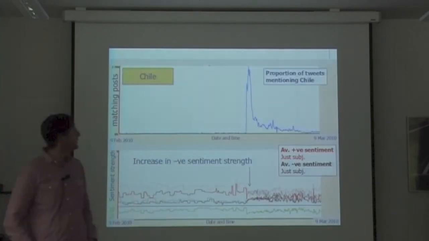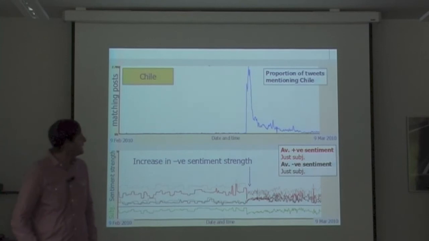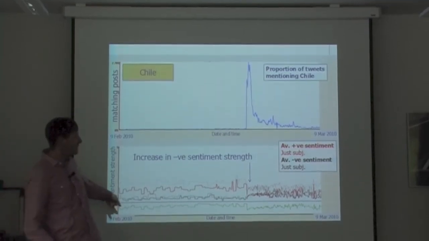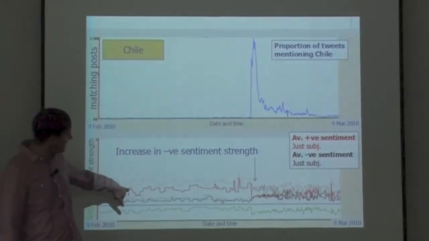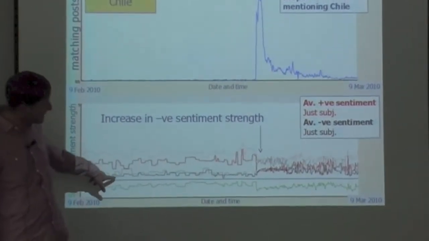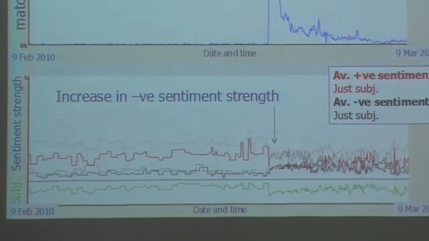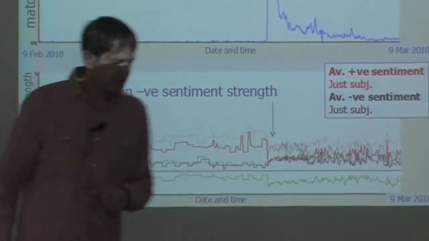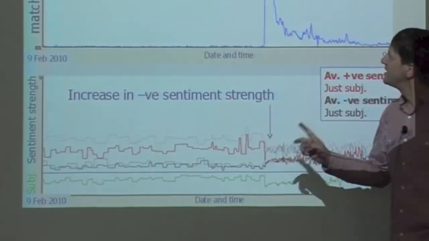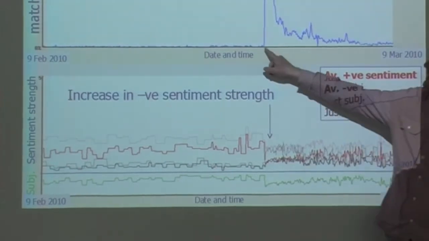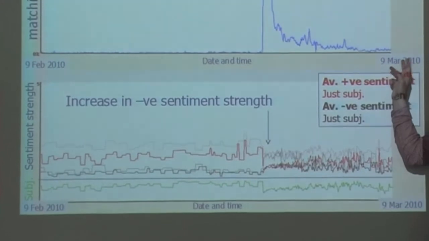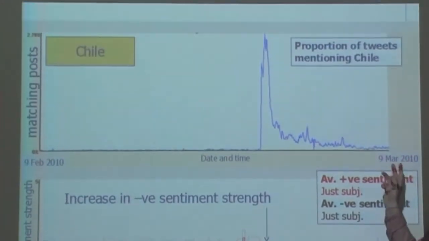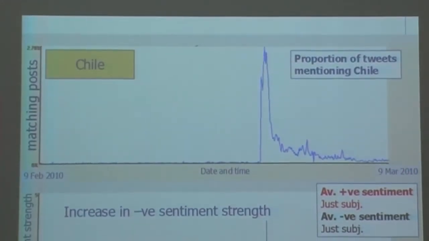So for each of the 30 events, we produced a sentiment graph of the average positivity, the red line here, and negativity, the thick black line here, of tweets mentioning the keyword before and during and after the event had happened. One of the 30 keywords was Chile, for an earthquake in Chile a couple of years ago.